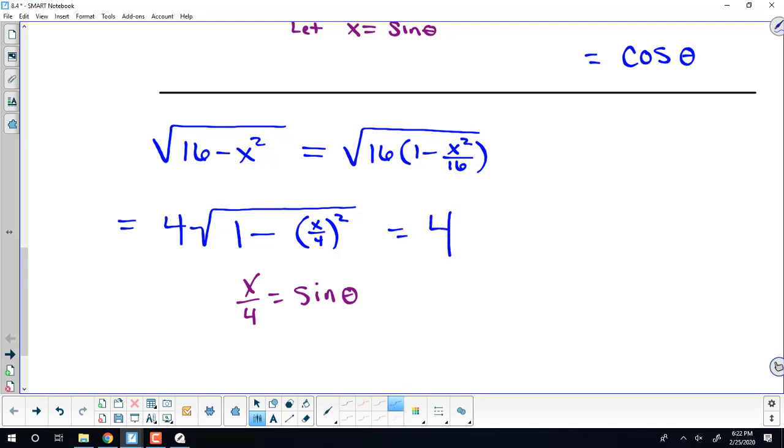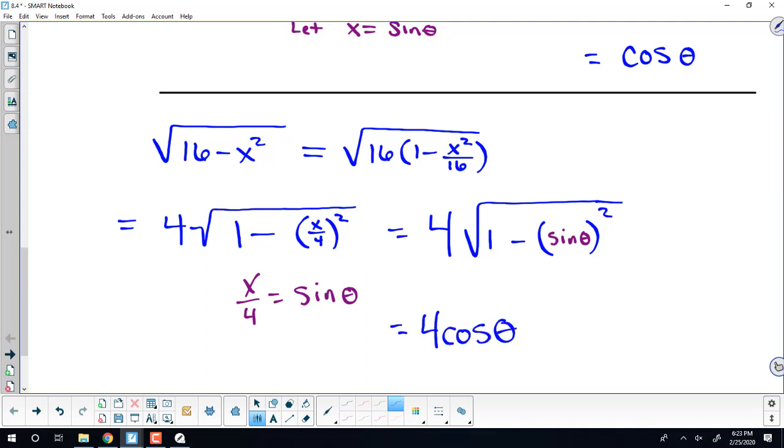And that's just 4 times the square root of 1 minus sine squared, which is just 4 cosine theta. So similar to the example above, but just slightly more involved because it's not a 1 minus x squared. But that's kind of the idea. Does anyone have any questions?